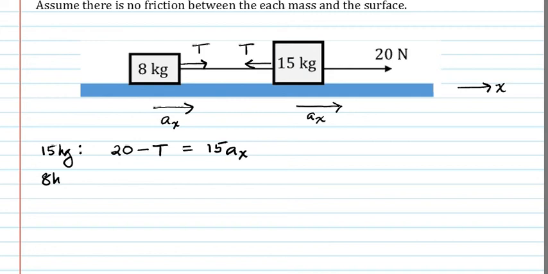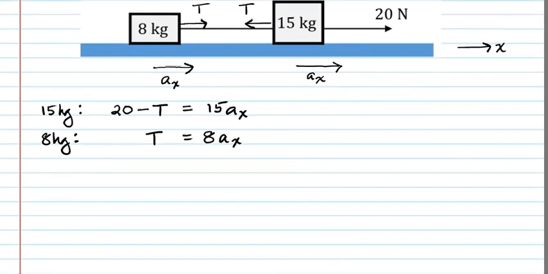For the 8 kilogram mass, the only force acting in the horizontal is T itself, and that's in the positive direction. So T is going to be the mass, 8 kilograms, times the acceleration, a sub x. Here we have two equations, two unknowns, using a simple substitution or linear combinations, or however you wish to work the problem.